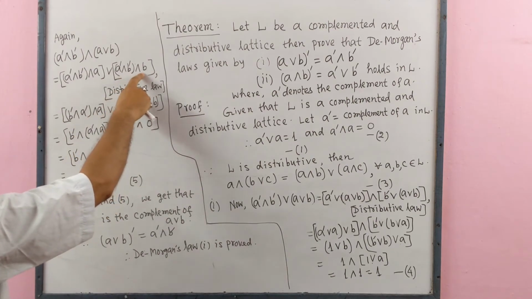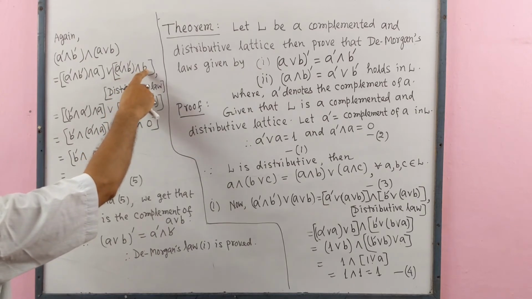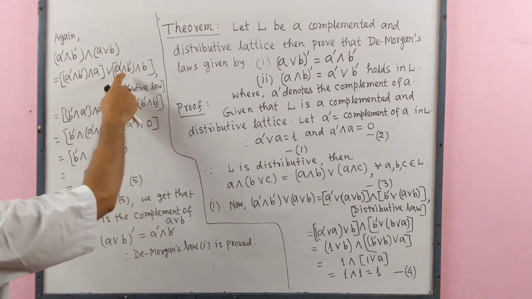Here we have used the associative law. (B prime meet B) and A prime is outside.